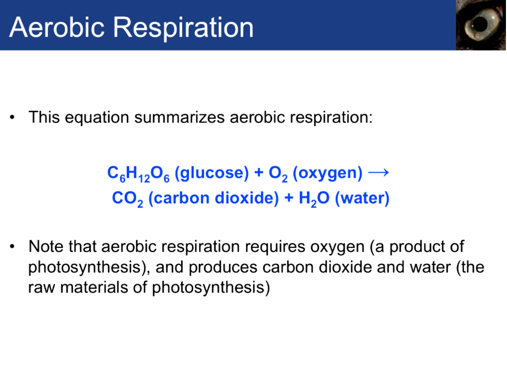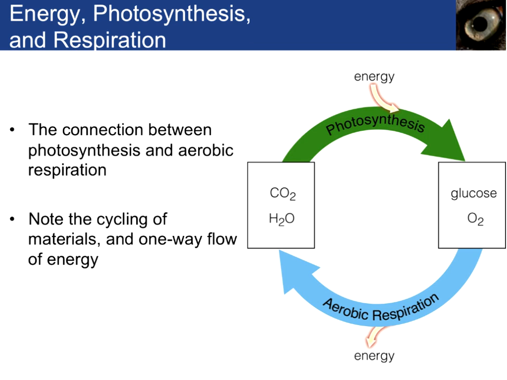So the general equation for aerobic respiration is pretty much the opposite of what we looked at for photosynthesis. So glucose and oxygen are converted into carbon dioxide and water. So again, this is the reverse of the general equation for photosynthesis. And this flow chart shows the connection between photosynthesis and aerobic respiration.